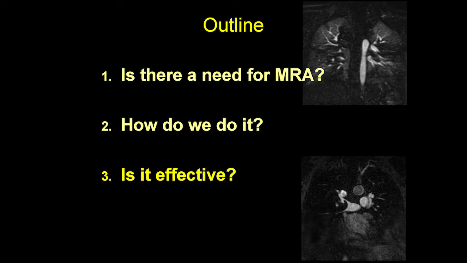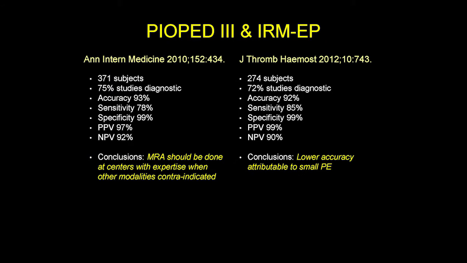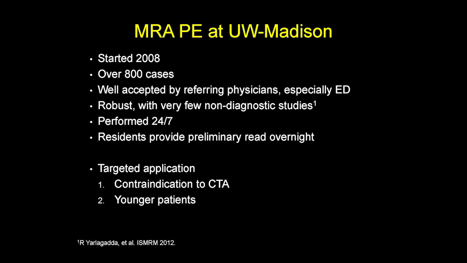So in the last minute and a half or so, I'm going to go over whether or not MRA is effective. If you look at some of the earlier studies that compared MRA to X-ray angiography or even CT angiography, the test didn't perform as well as you would expect it to or would like it to rule out PE with a high enough degree of confidence for it to become acceptable for routine clinical practice.